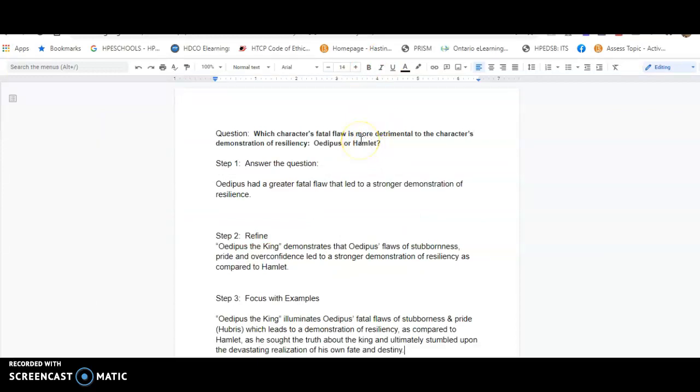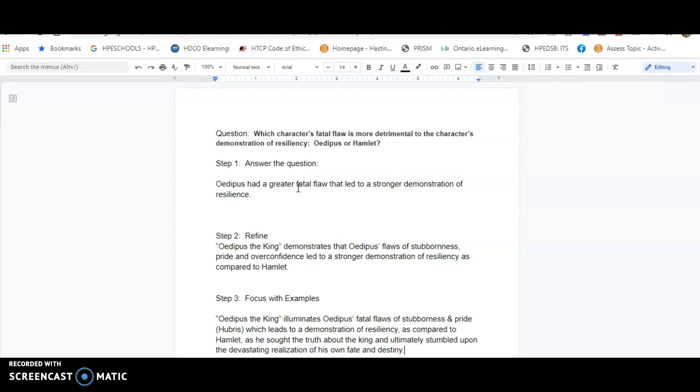My first thesis statement that I created based on this particular question was this, and I'm going to identify also that I was supporting a student in writing their thesis statement, and so this also came from them. This very first step is an immediate response to answer that question.